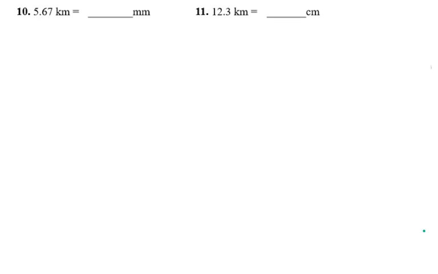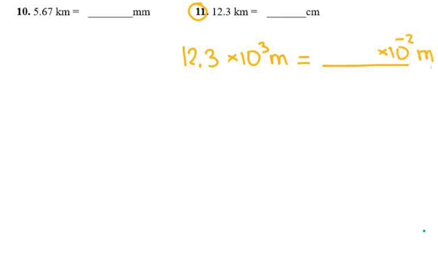Again, in number 11, I have 12.3 kilo. Kilo is 10 to the 3rd meters. And I want to write something 10 to the negative 2 meters.